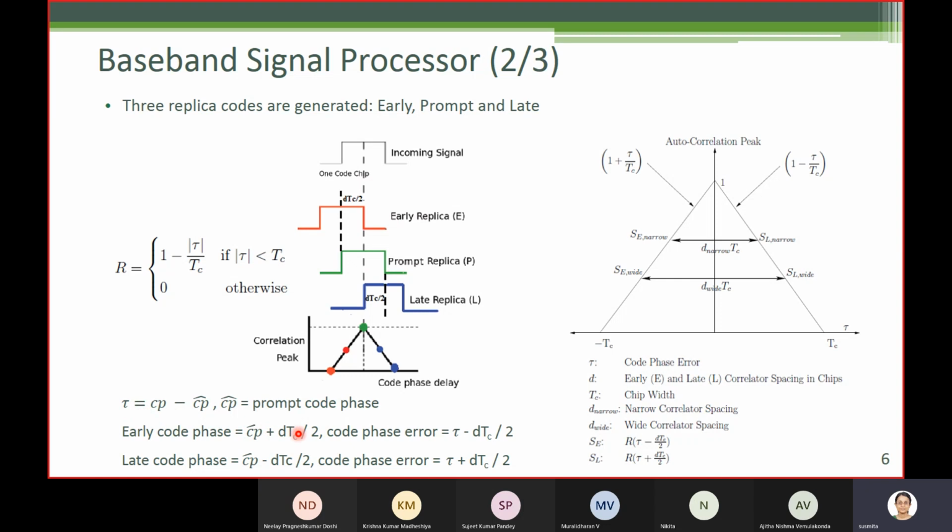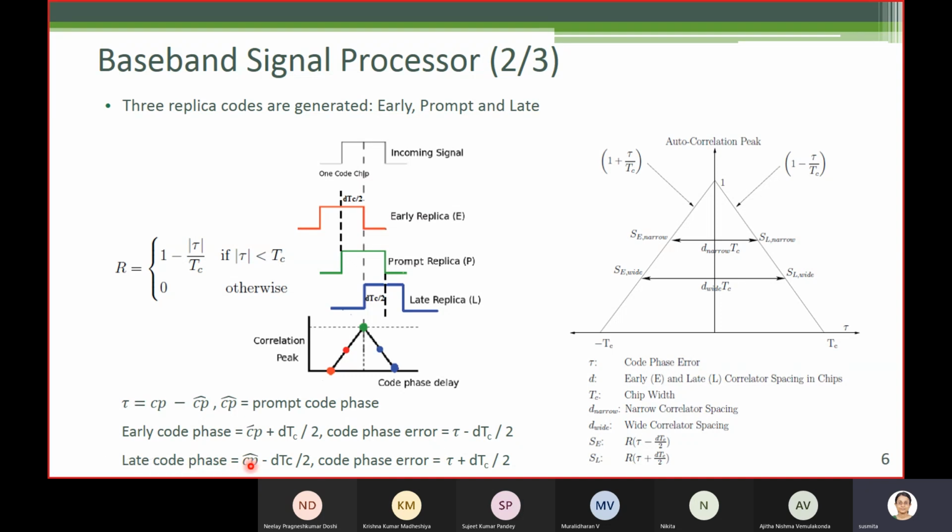To get the corresponding code phase error, you have to subtract this whole thing from the incoming code phase CP. So CP minus CP hat will be tau, and then this will become minus. So we have minus D Tc by 2. This is the early code phase error.